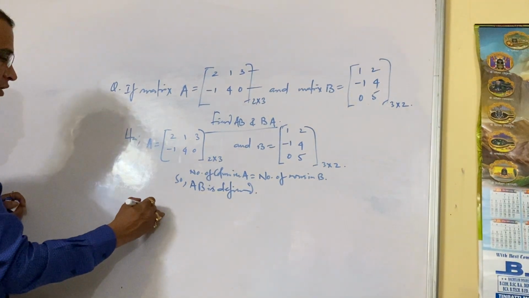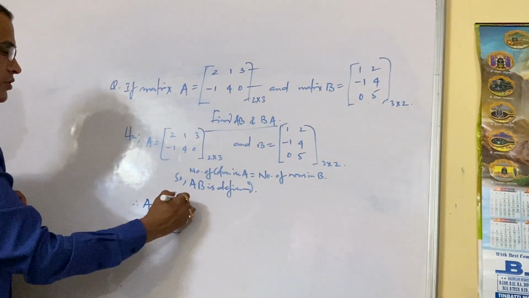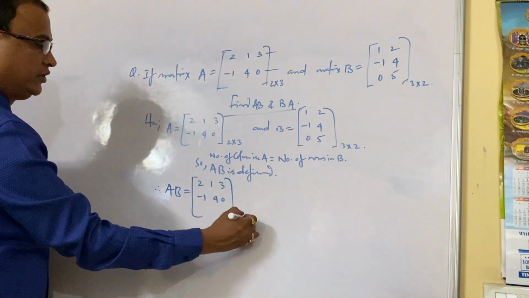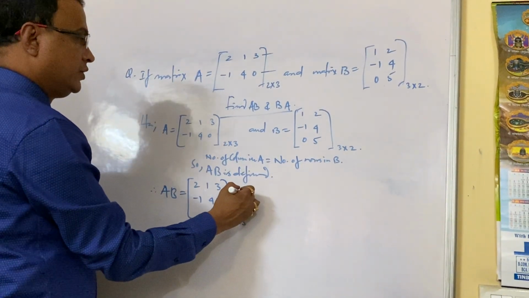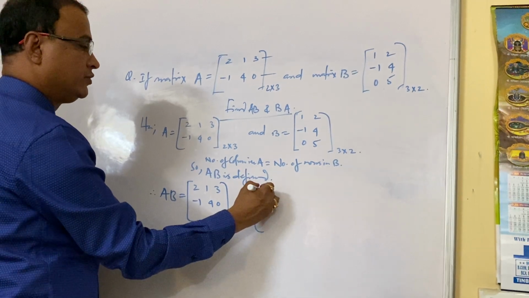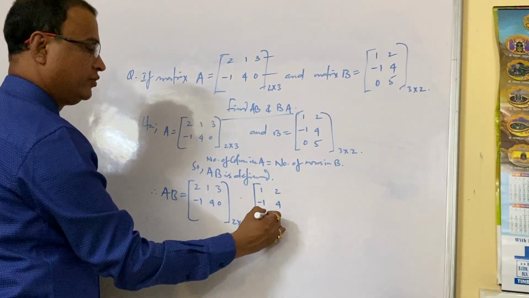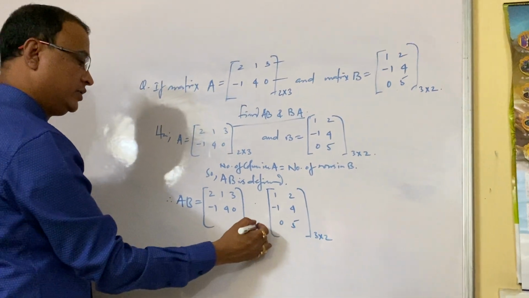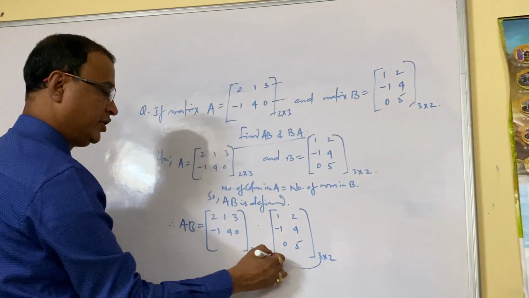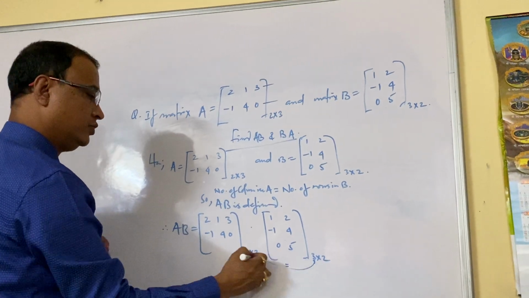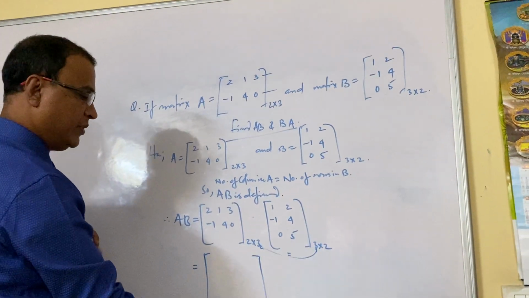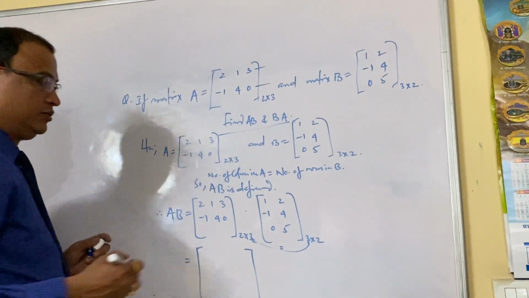If you multiply A into B, this is a 2 by 3 matrix, into B, which is a 3 by 2 matrix. These two are equal in the middle, so it is defined, and the final matrix will be a 2 by 2 matrix.